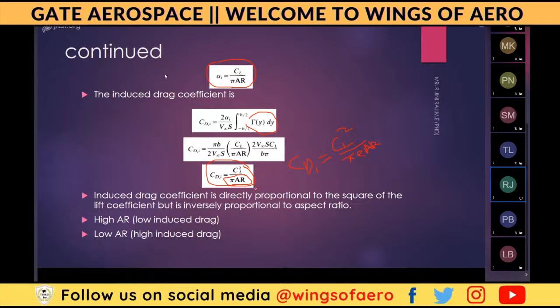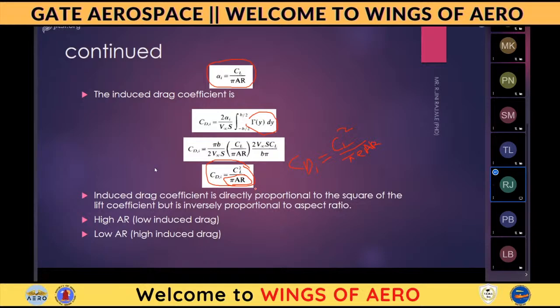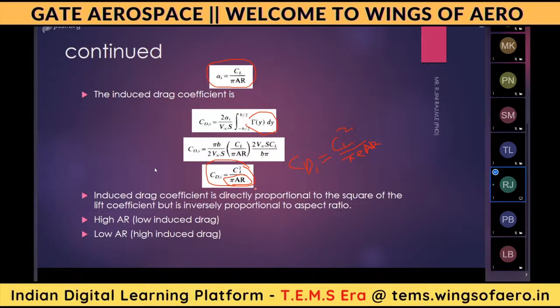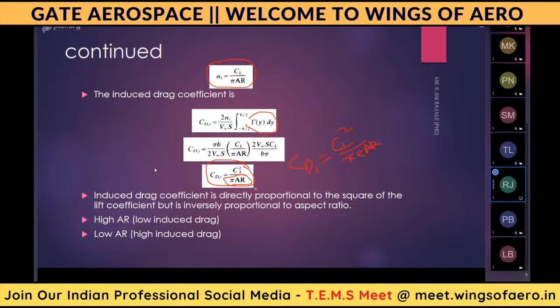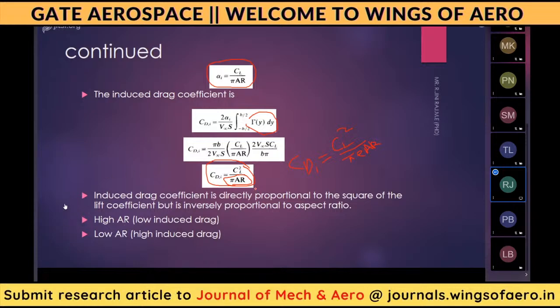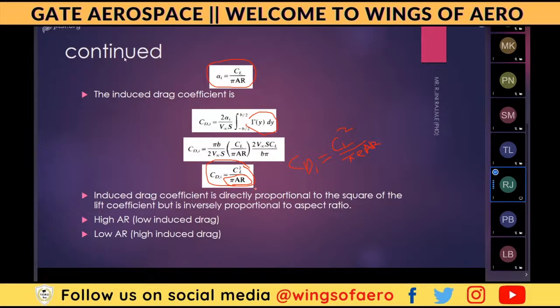So for an elliptical wing, the E value is 1, sir? Yes, for the elliptical wing, the E value is 1. For other wings, the E value differs. So based upon the E value only, we will be calculating the induced drag coefficient. But there is another thing, because the induced drag coefficient is directly proportional to the square of the lift coefficient, and also inversely proportional to the aspect ratio.